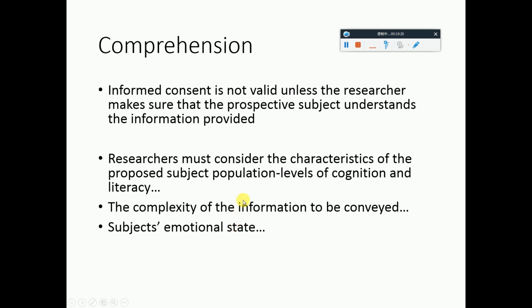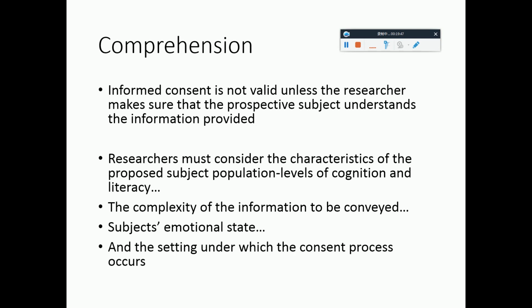Also, you must consider whether or not the participants are in an appropriate emotional state to understand the consent form. Because very often very intense emotions can bias participants' decisions, sometimes not to their benefit or not in their favor.